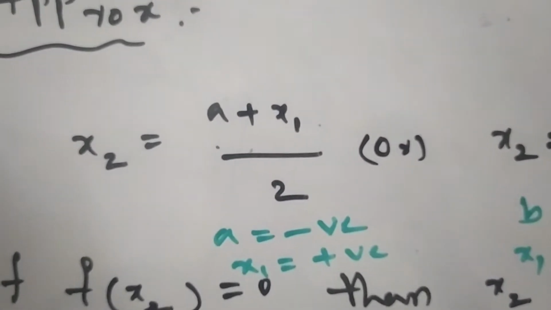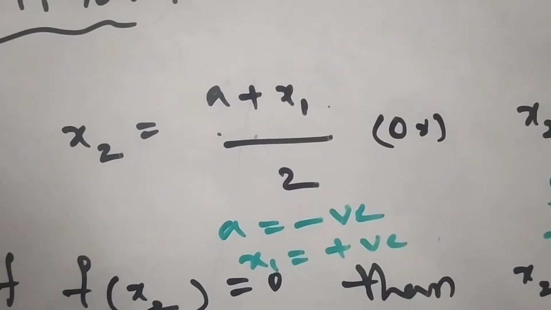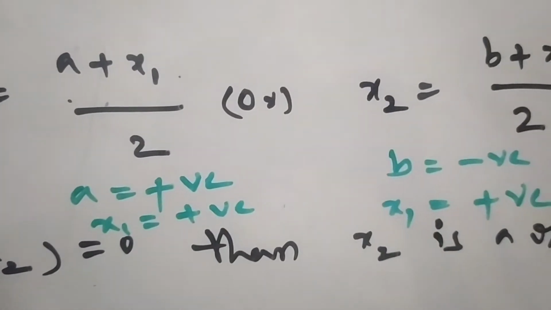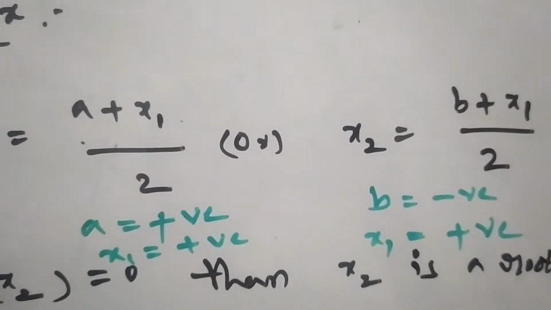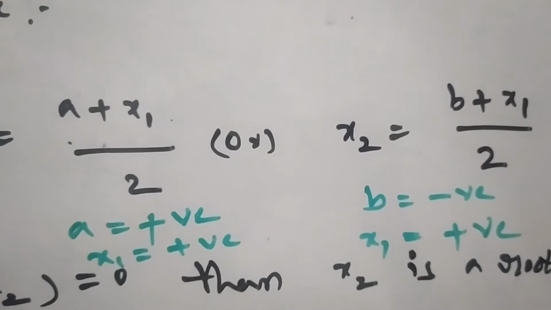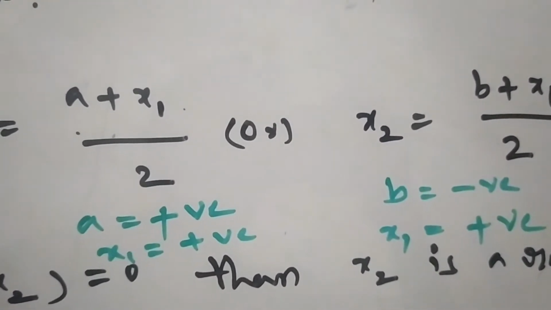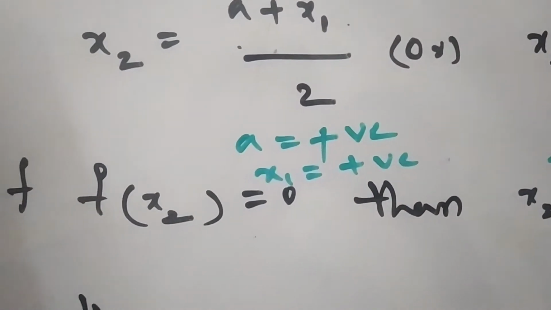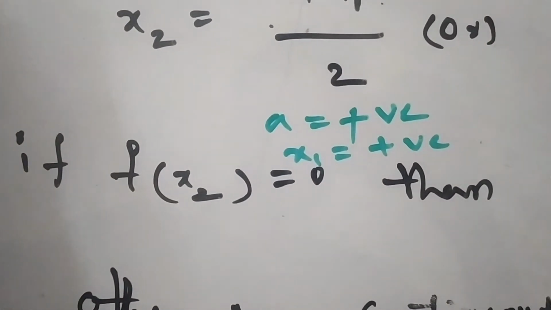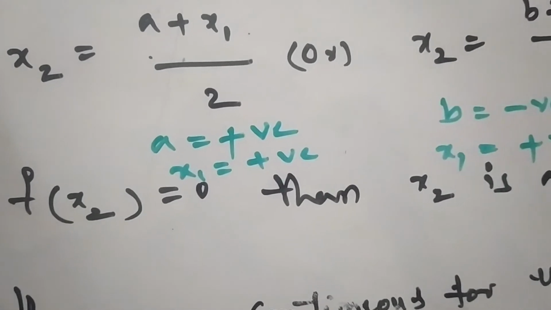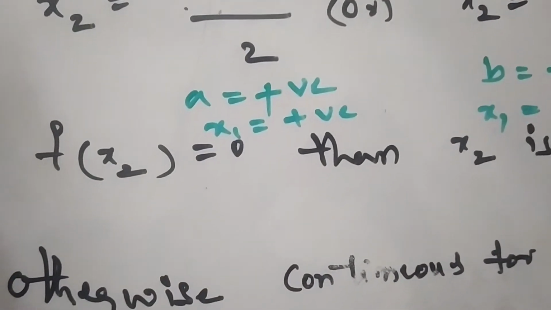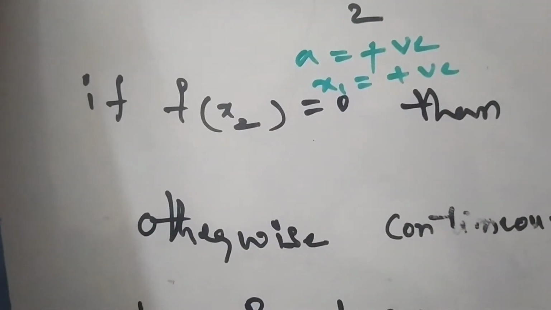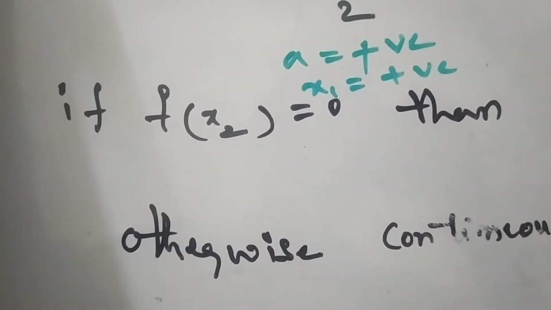If both a and x1 are positive, then use (b plus x1) divided by 2, with b negative and x1 positive. Otherwise interchange, x1 negative and b positive, that is also the same. If f(x2) equals 0, then x2 is the root. Otherwise we continue with the third approximation, using the same method as the first approximation.